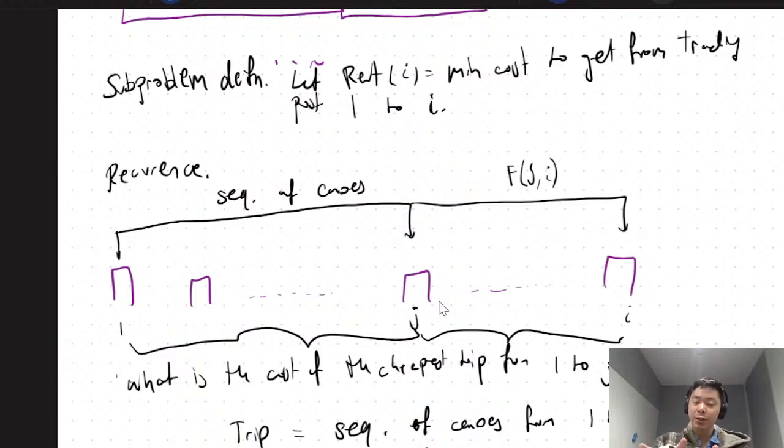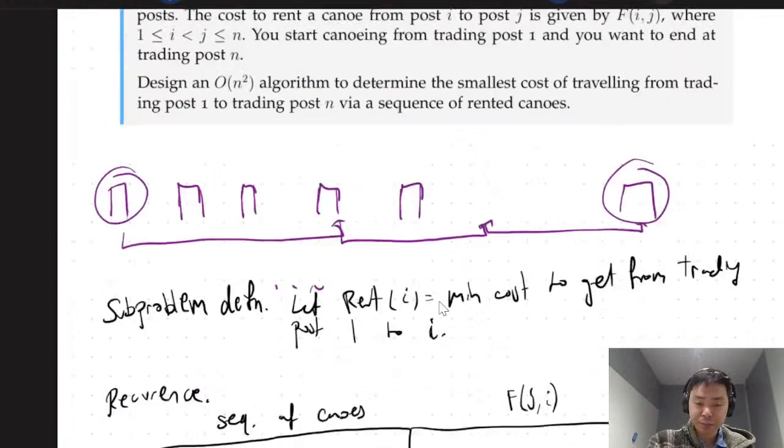What you can think about when you're doing the subproblem or the recurrence is you basically want to find the point at which the last part of your partition happens, and then the remaining part of your subproblem is just solved recursively. So that's usually a way to visualize what's actually happening with dynamic programming.